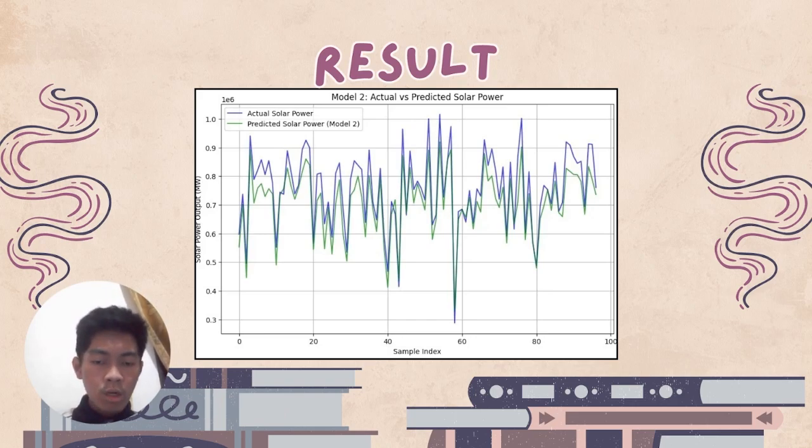As you can see, Model 2's larger architecture, 128, 64, and one output layer, may contribute to overfitting, capturing too much specific detail from training data and reducing generalization. Overall, Model 2 follows a general trend but fails to predict finer details accurately.